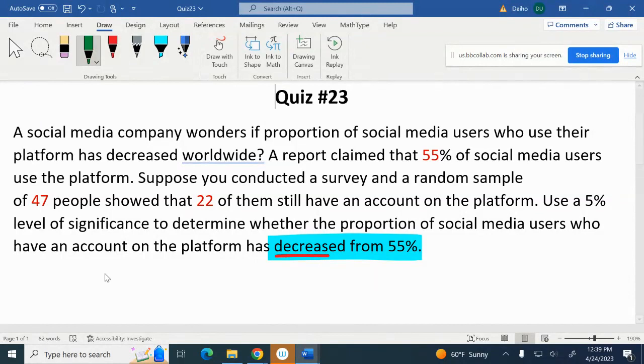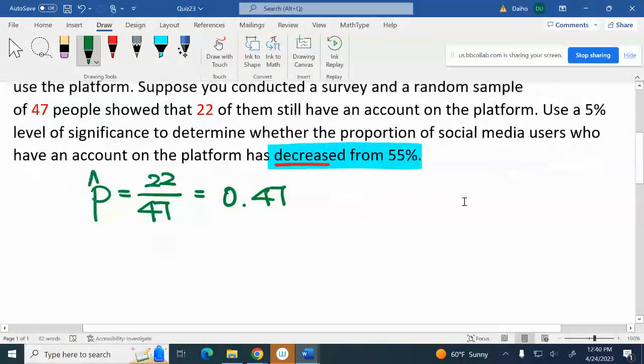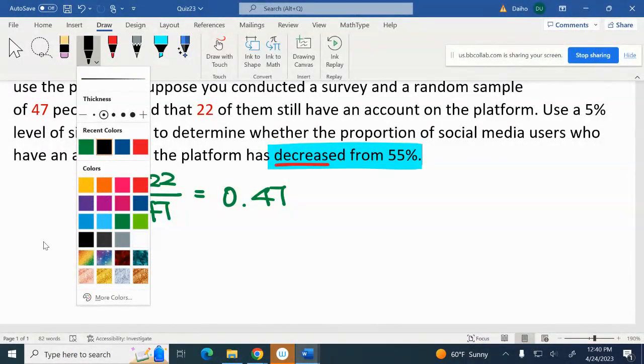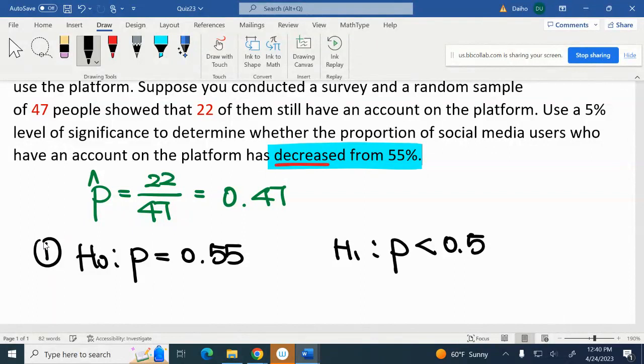Okay. Anybody who got the p hat? 0.47? Anybody who got 0.47? Yeah, 0.47, thank you. And then the test statistic. We have to compare to equal to 0.55 and decrease, less than 0.55.